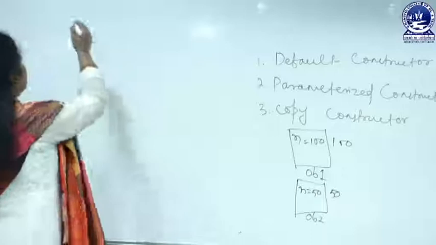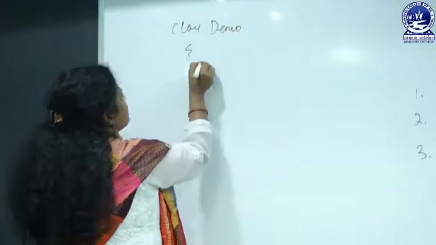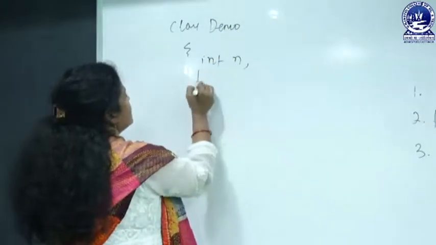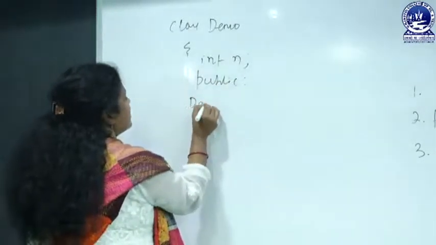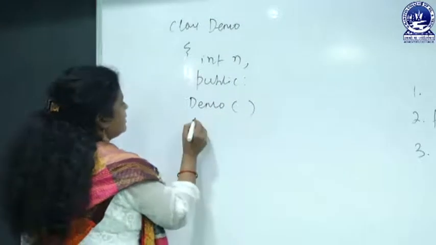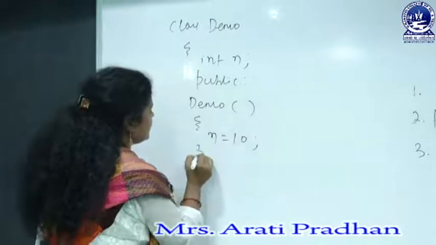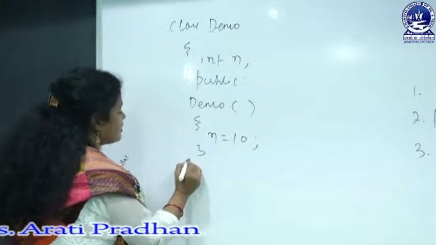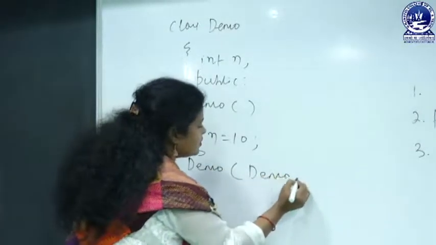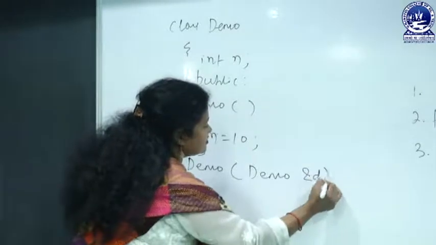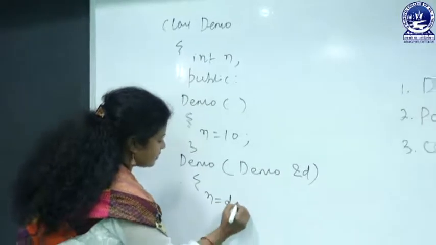Let's start. Suppose I am using the same class name, class demo, then int n, then public. In the public part, I am writing one default constructor, demo, then n equal to 10. Then I am using the copy constructor, demo ampersand d, then n equal to d dot n.